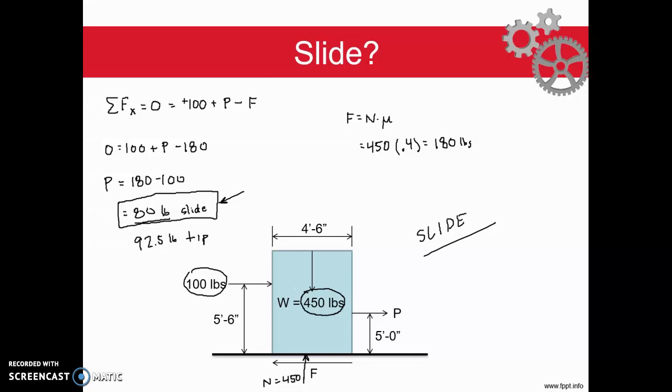And I believe that's it. That's the last type of problem we're going to see in this chapter, chapter 6. So we've looked at pushing or sliding a box across a horizontal plane, the force required to push a box up an inclined plane or prevent it from sliding down an inclined plane.